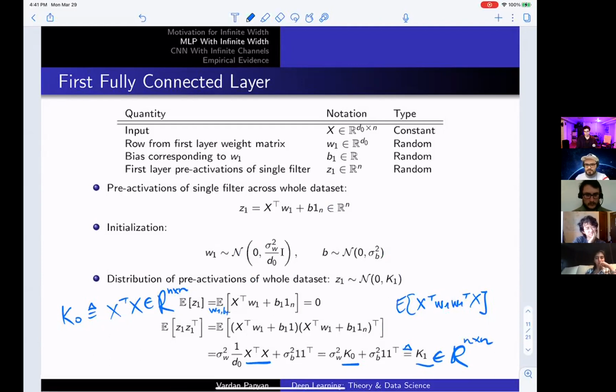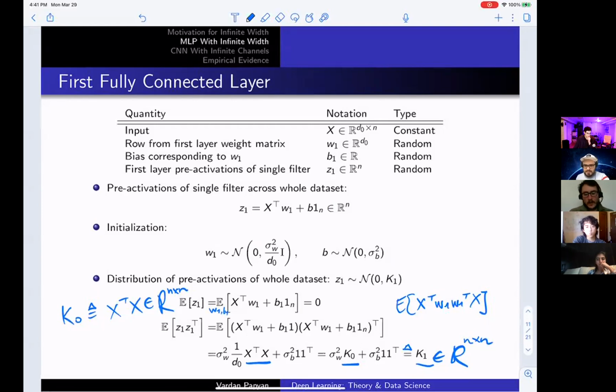Oh, it is translating, but what's in words, what is the description of K0 and K1? K0 is a gram. K1 takes into account the bias. That is correct, Jack.